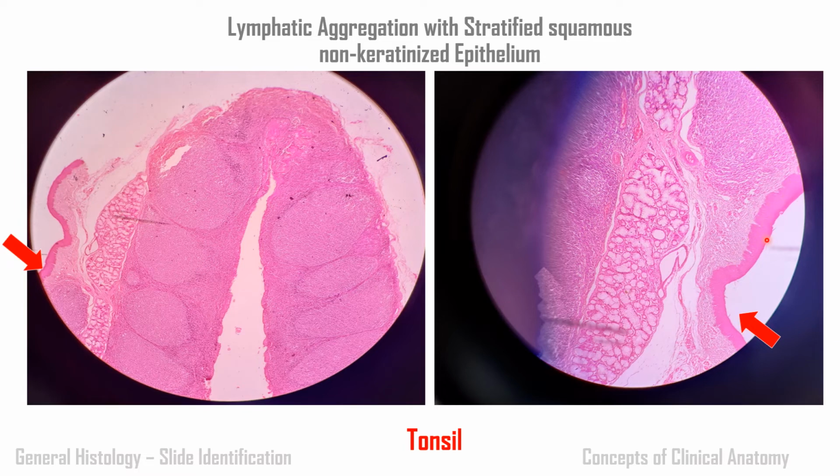As this is the tonsil, a combination of these two, in the oral cavity you may have some submucosal glands also. These are the mucous glands. So the key point to identify the tonsil is the stratified squamous non-keratinized epithelium with the lymphoid aggregation. In most slides you may see tonsillar crypts also.